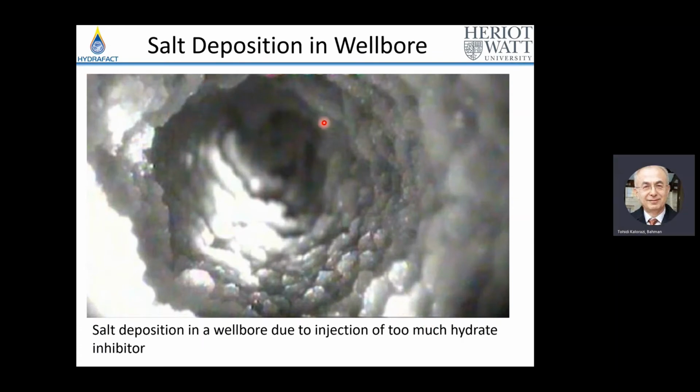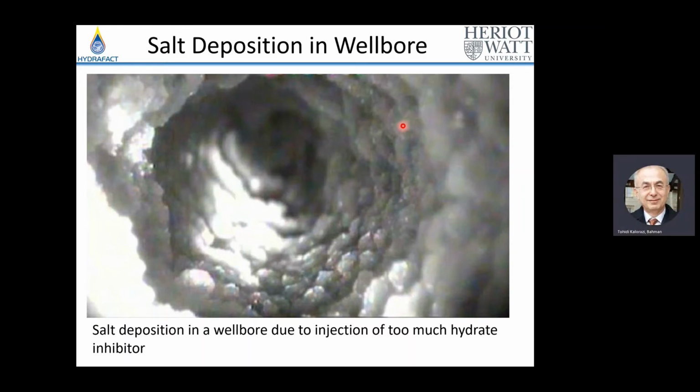This is a picture of inside the well bore that they were using initially. They only had condensed water, so they were using methanol.